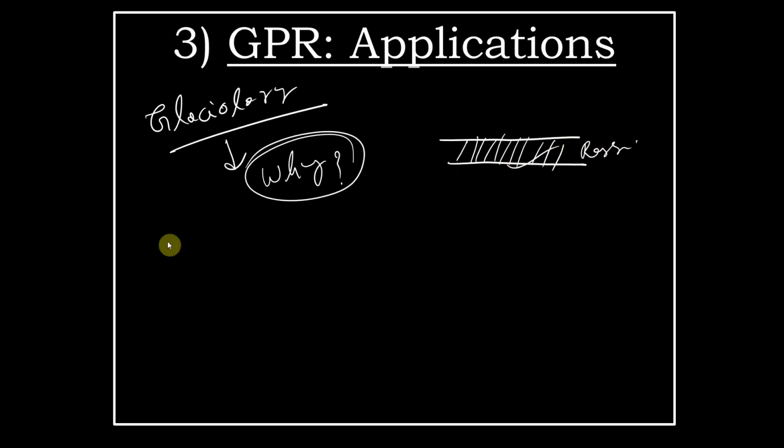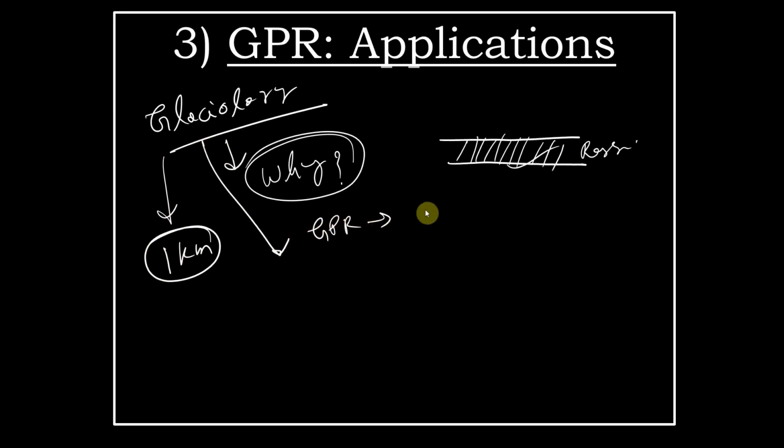So in a glacier it can penetrate up to 1 kilometer. In general, for sedimentological cases, GPR gives you the result up to, let's say, 50 meter maximum. But in ice it can see up to 1 kilometer. So it has a huge application in glaciology.